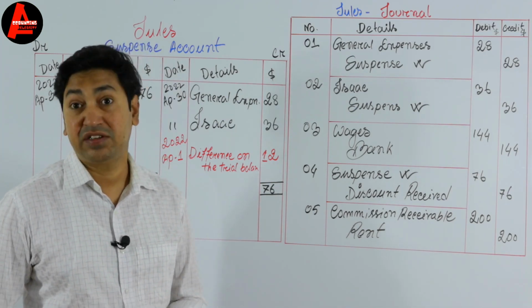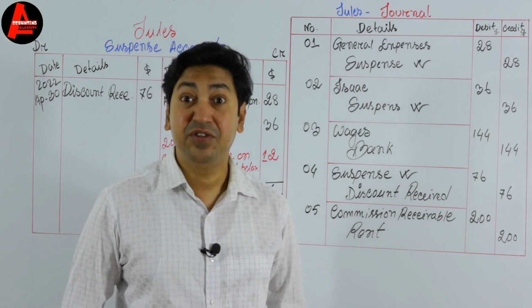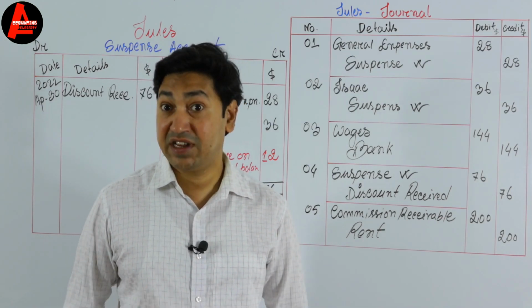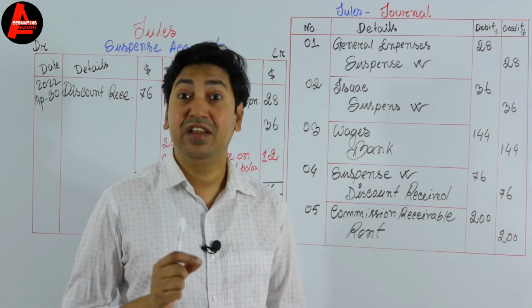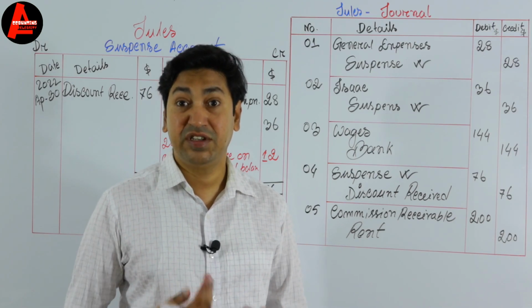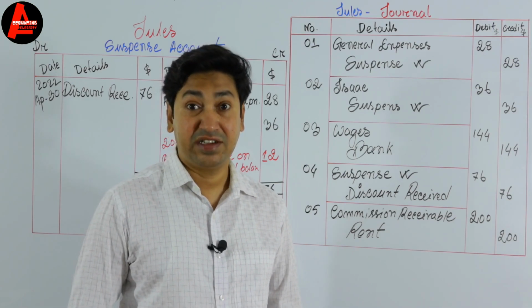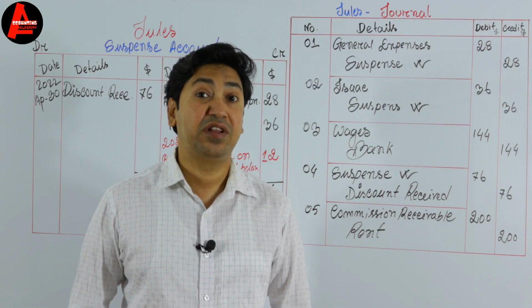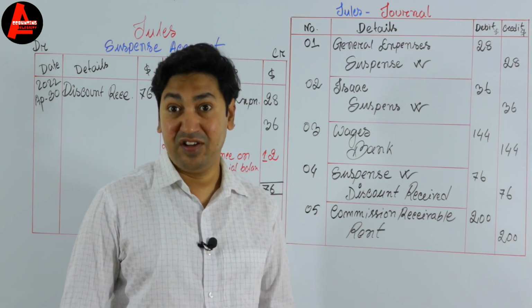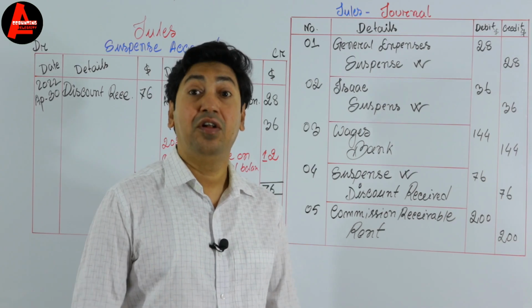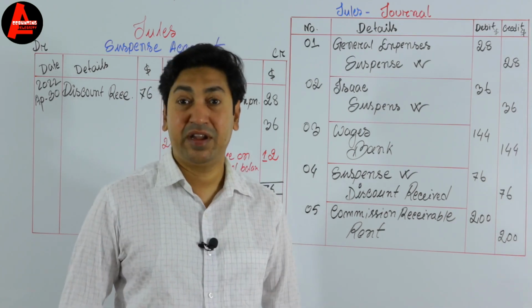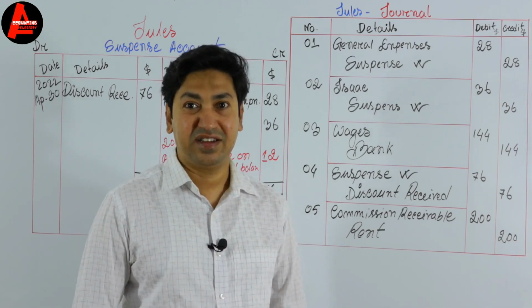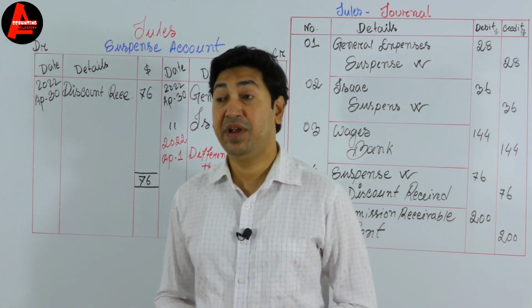Because at the end of the financial period, the business has to prepare financial statements, meaning income statement and balance sheet. If the trial balance is not balanced, the business cannot prepare the financial statements. The business cannot know whether it makes profit or loss, or the situation of the assets and liabilities in the balance sheet.